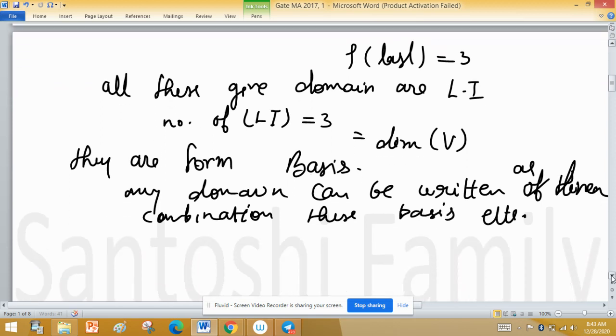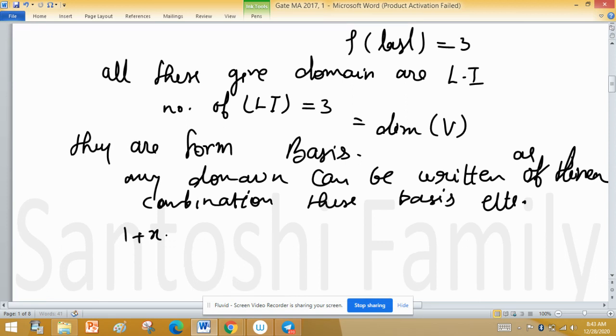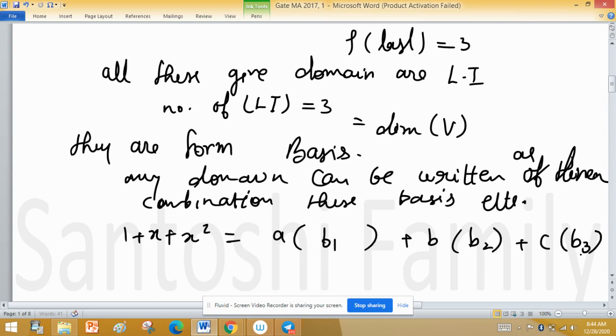So 1 plus x square can be written as a times the first basis element plus b times the second basis element plus c times the third basis element.